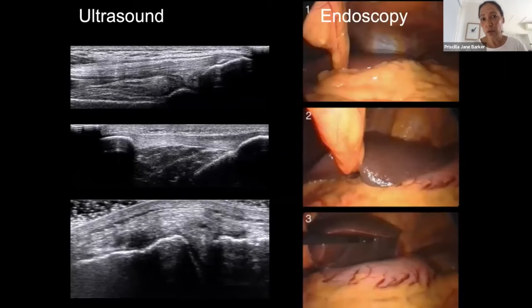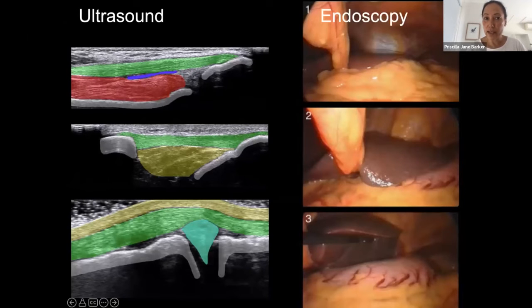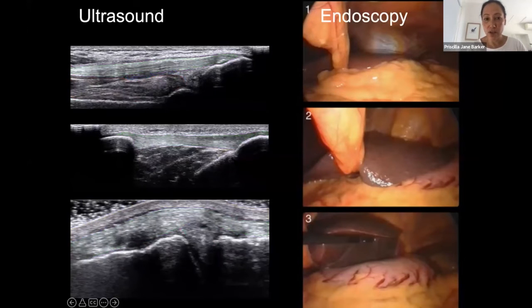And on ultrasound, it's quite difficult to distinguish the tissue, so we use those colour overlays again to highlight in that reddish brown colour the muscle, and in green is the connective tissue here, and the pale yellow is the fatty tissue.